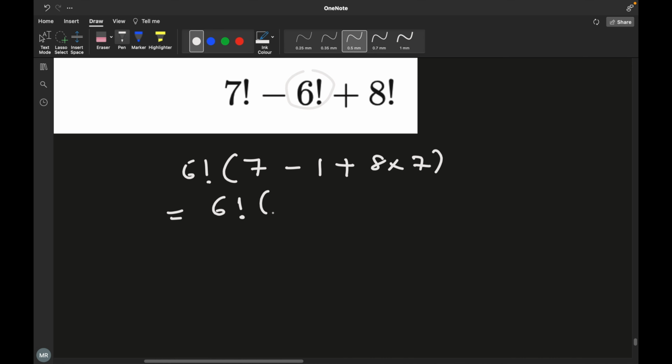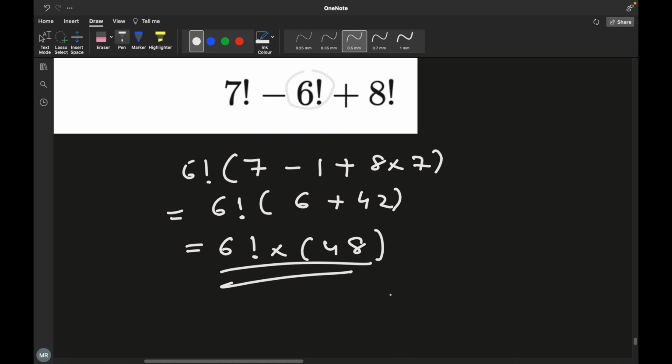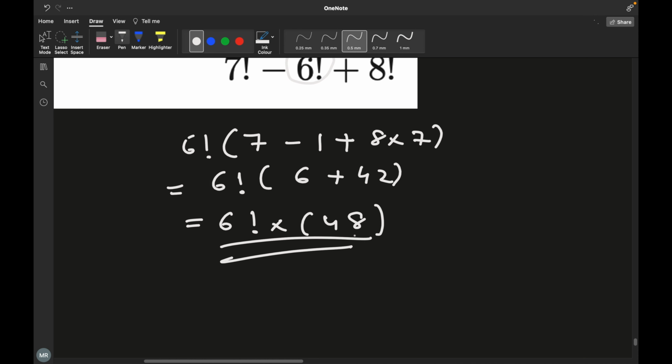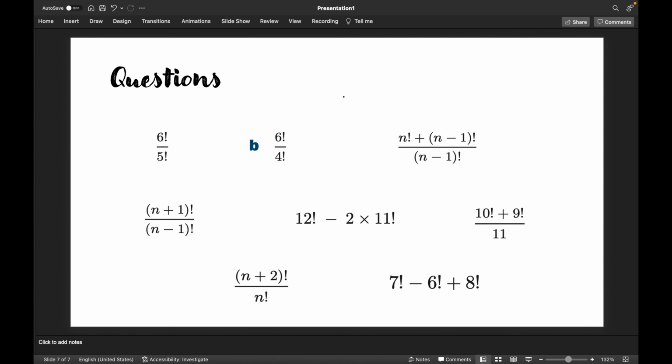That's 6 factorial into (6 plus 42), so 6 factorial into 48. This is all we can do with this. And so we're done with all of these questions.